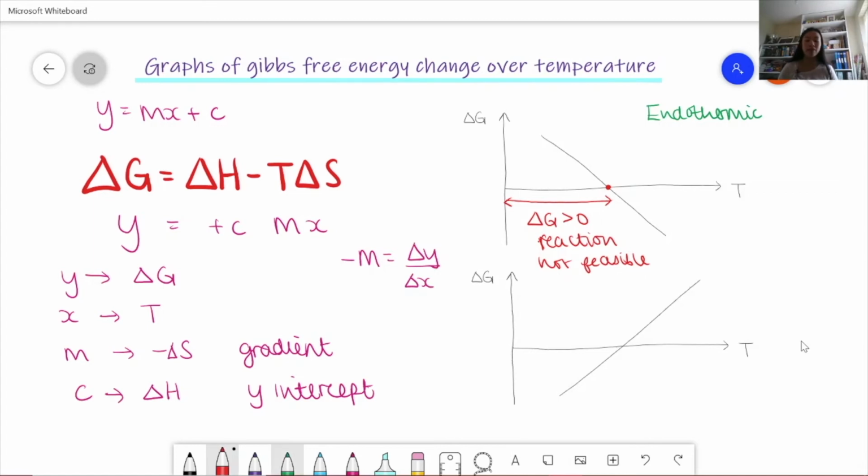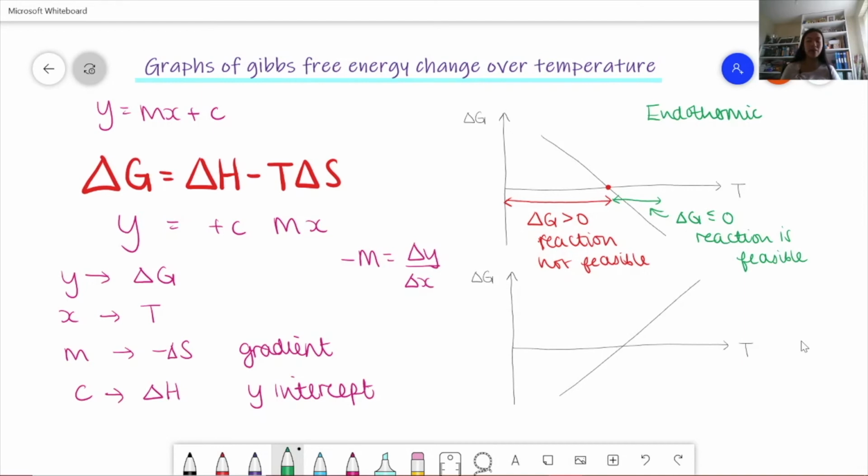And this bit of the line graph is where delta G is smaller than or equal to 0, so the reaction becomes feasible. So we can actually read off the temperatures where this reaction will be feasible using these kinds of graphs.